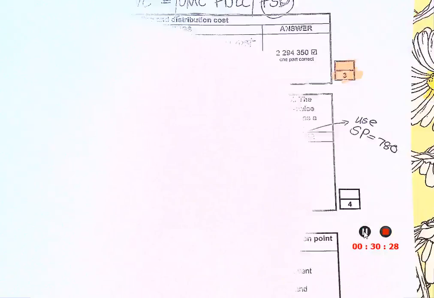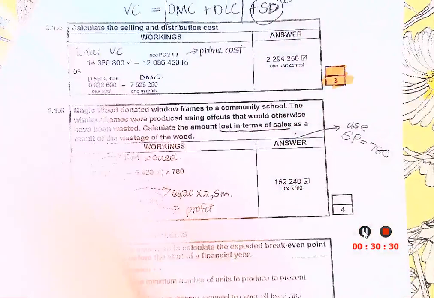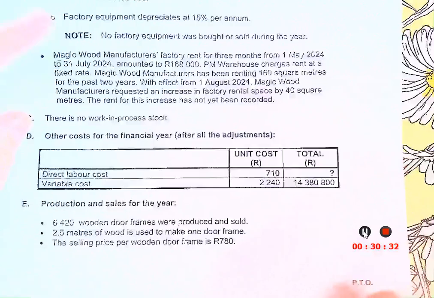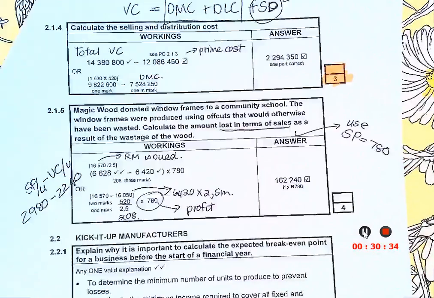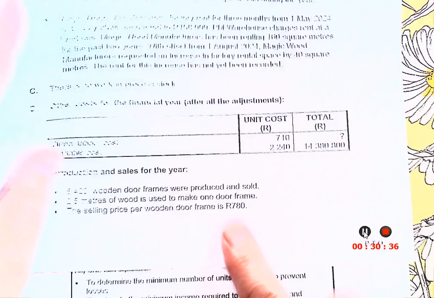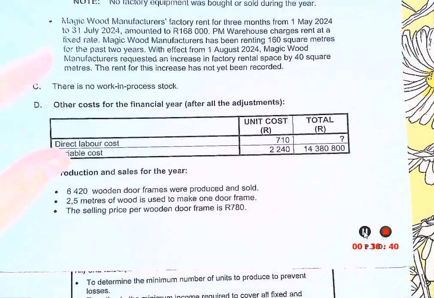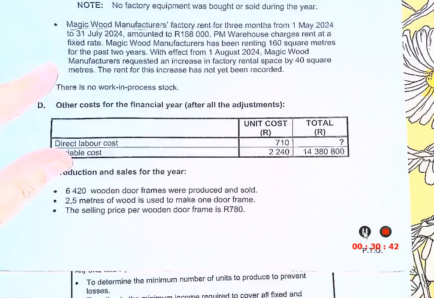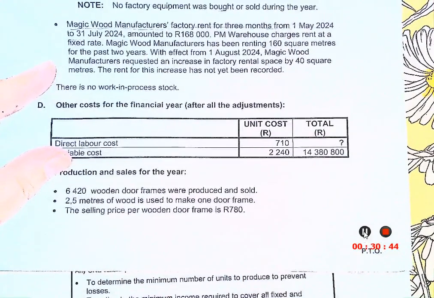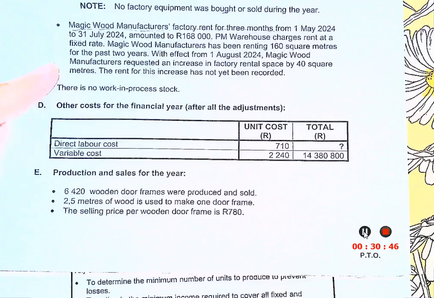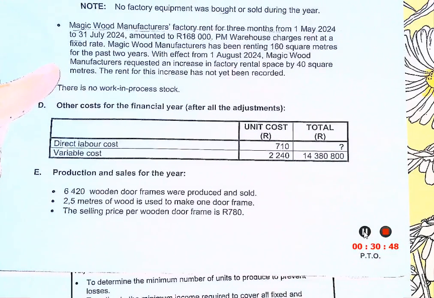So it's not the profit. Okay, so that's 780. I do not know how they got it in that paper, but in this paper it was given. If they had asked how much is lost on profit, you would have done what I did. You would have taken the selling price less the variable cost.